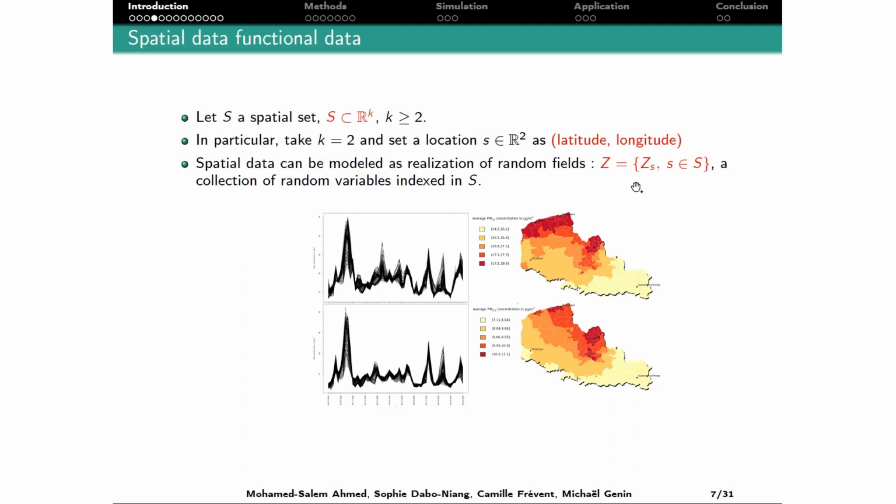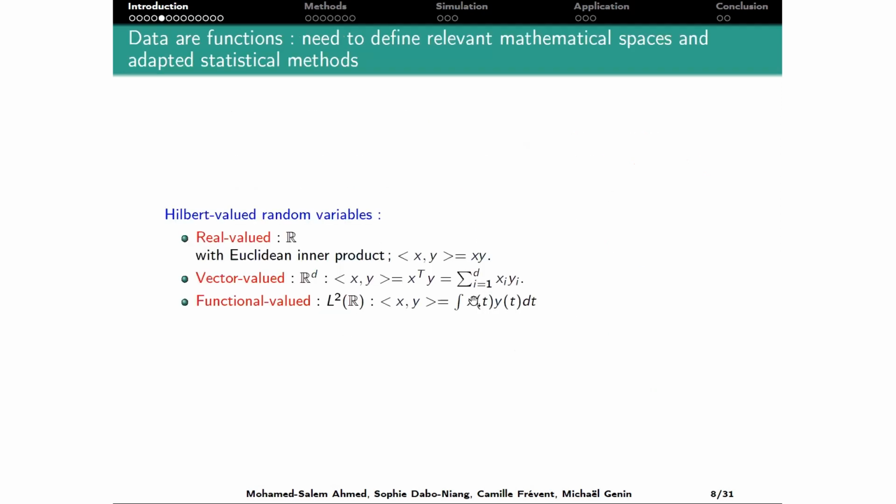So this is what I call a random field, and the functional point of view is that this curve comes from a given, let's say, Hilbert space of functions, for instance. So in summary, since the data are functions, we need to define the proximity, for instance, or a norm or metric in this functional space.